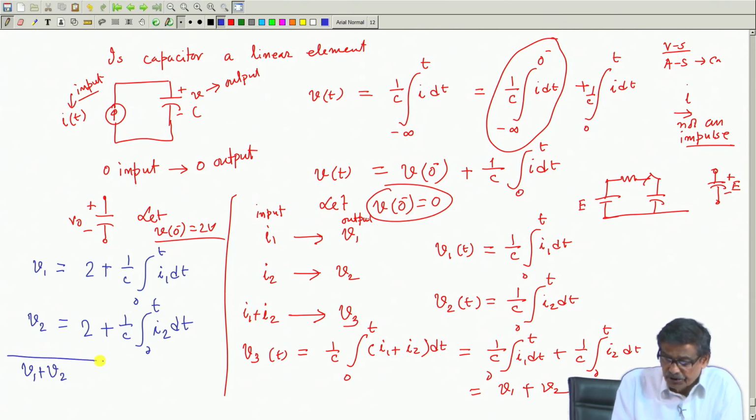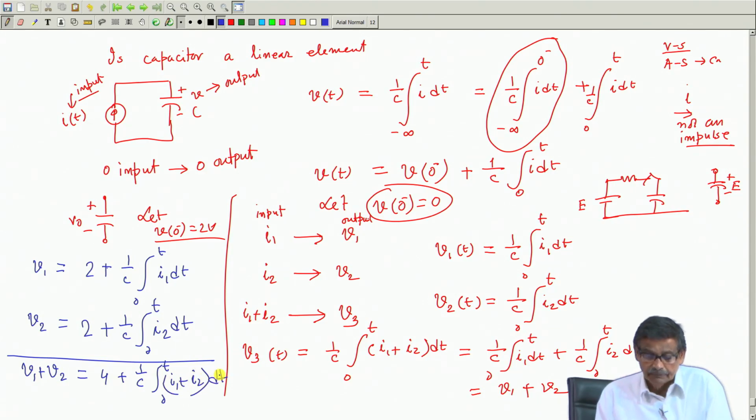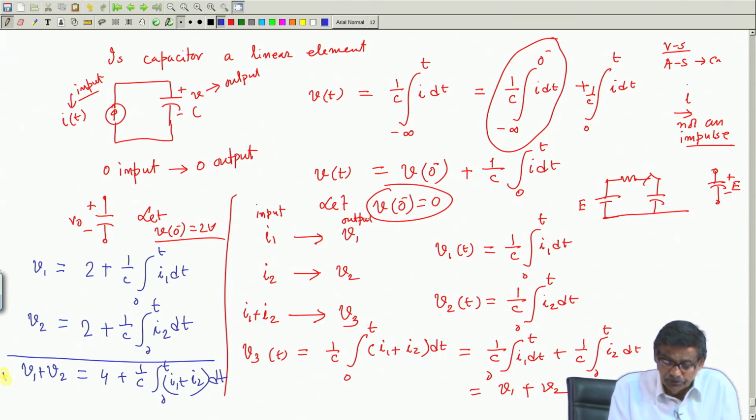If you add these two equations, it becomes 4 plus 1 over C integral from 0 to t of I 1 plus I 2 dt. If you just add these two equations, I have not applied I 1 plus I 2 separately. From these two equations, I am telling, oh, this is going to be this.